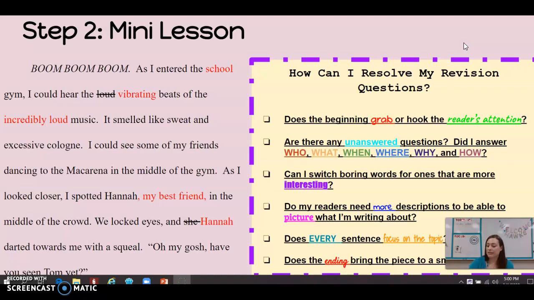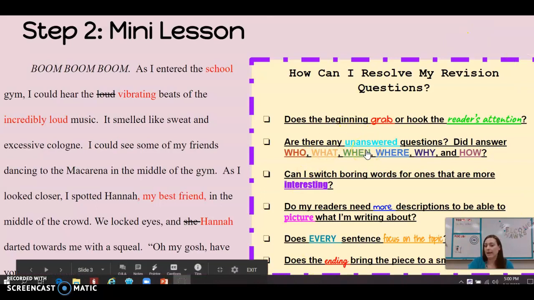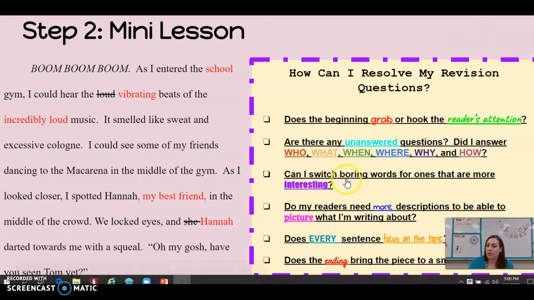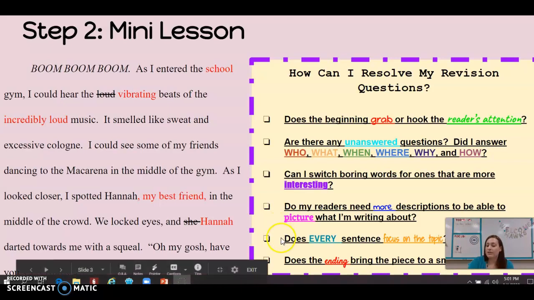Are there any unanswered questions? Did I answer who, what, when, where, why, and how? Can I switch boring words for ones that are more interesting? Do my readers need more descriptions to be able to picture what I'm writing about? Does every sentence focus on the topic? And does the ending bring the piece to a smooth finish?